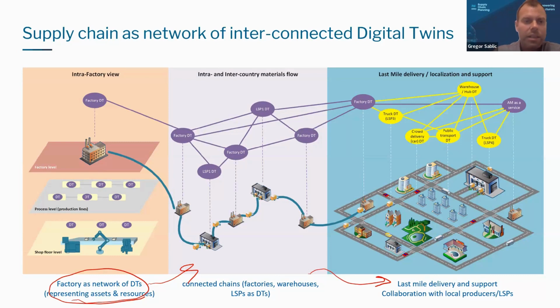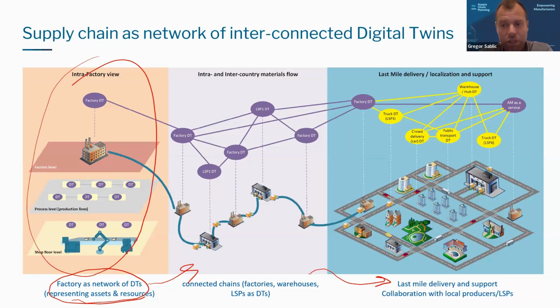And today, I'd like to mostly focus on this first part, the intra-factory network of digital twins and how they can provide improved visibility, how they can also enable proactive issue identification, as well as enhance the overall operational efficiency. So we will focus on the actual digital twin of the company.